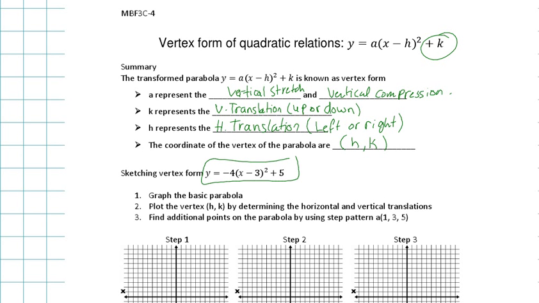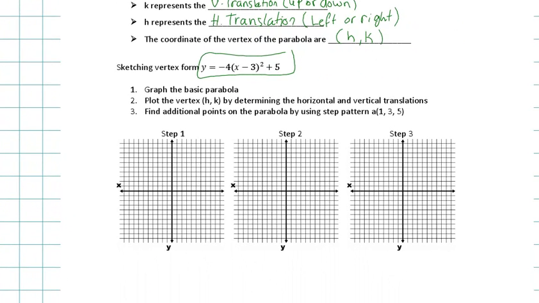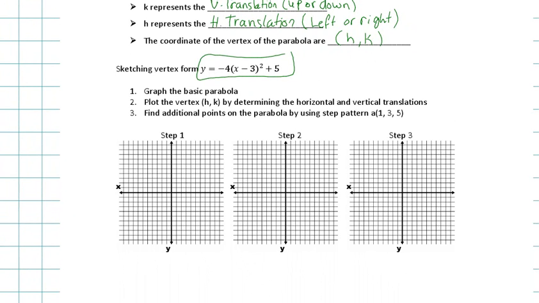The horizontal translation here is 3 units to the right. Vertical translation is 5 units up. Okay? So the vertex is 3, 5.